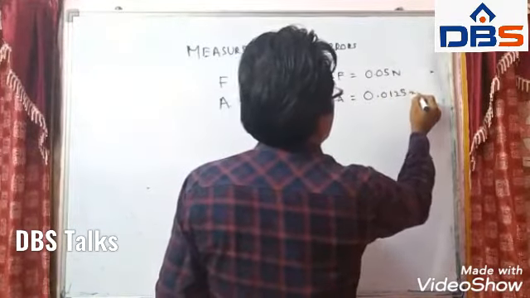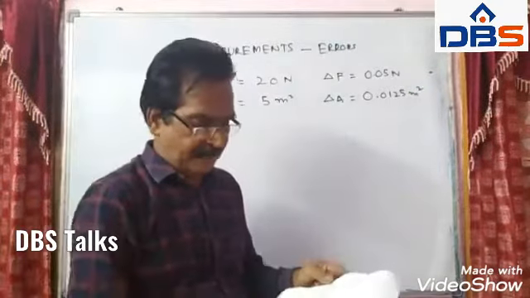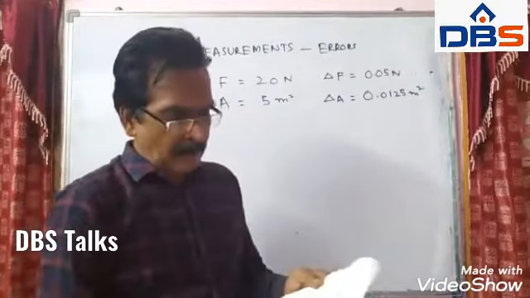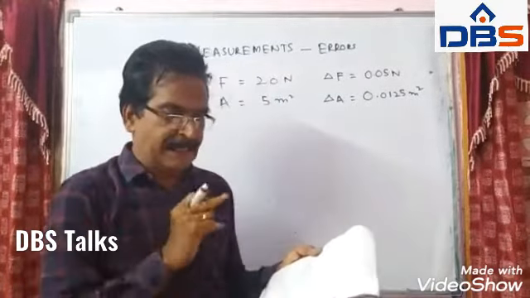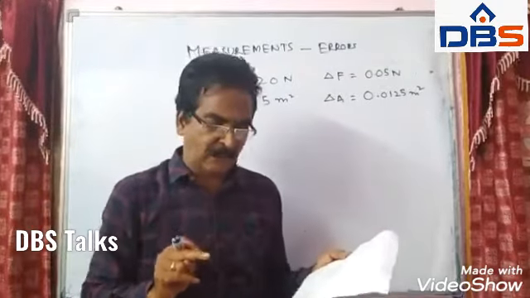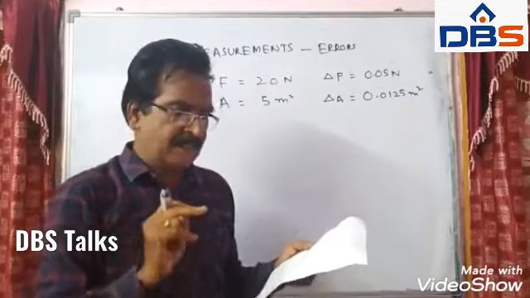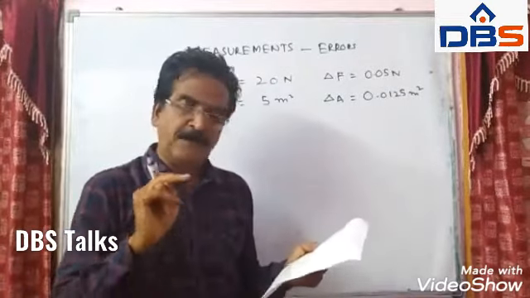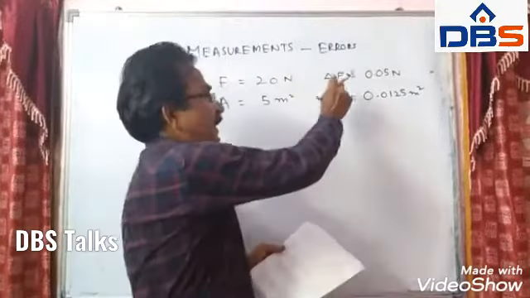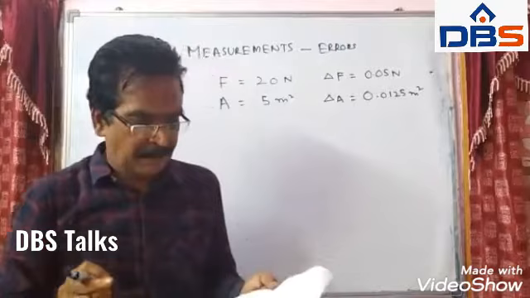I shall read the problem once again. Force and area are measured as 20 newtons and 5 meters square, with errors 0.05 newtons and 0.0125 meters square. So error in force is this much, error in area is this much.